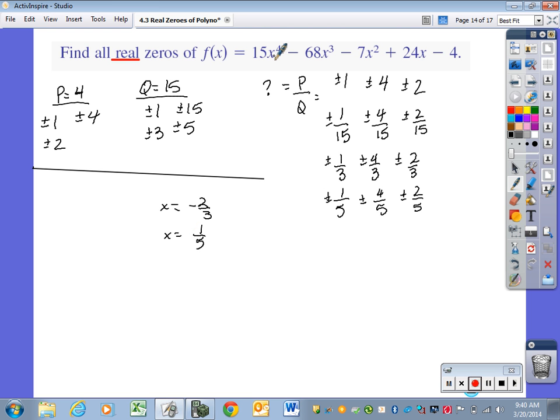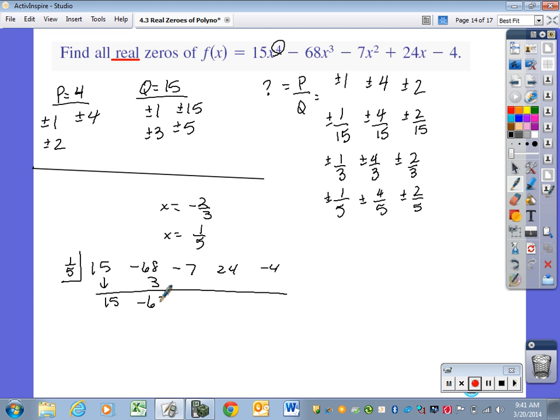I should have 4 total roots. So I'm going to have to synthetic divide to get my other 2. So let's take 1/5 and synthetic divide it into 15, negative 68, negative 7, 24, and negative 4. Bring down my 15. 15 divide 5, 3.